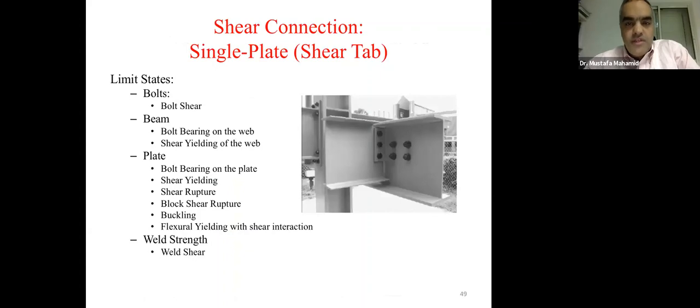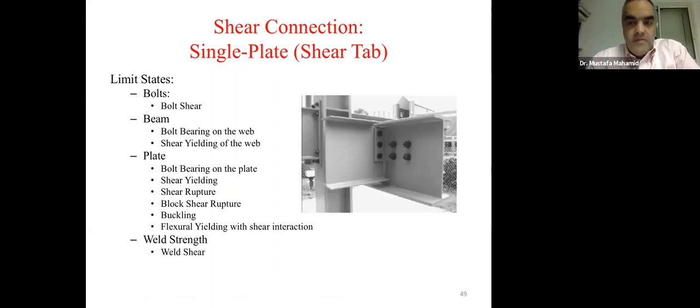Now shear connections. This is another common type, which is single plate or shear tab connection. So we have just a plate that's welded to the support and bolted to the supported member, the beam. The limit states here: we have bolt shear, bolt bearing on the web, shear yielding of the web, and for the plate, we have bolt bearing, shear yielding, shear rupture, block shear, buckling, flexural yielding with shear interaction, and we have also the weld shear because it's welded to the support.